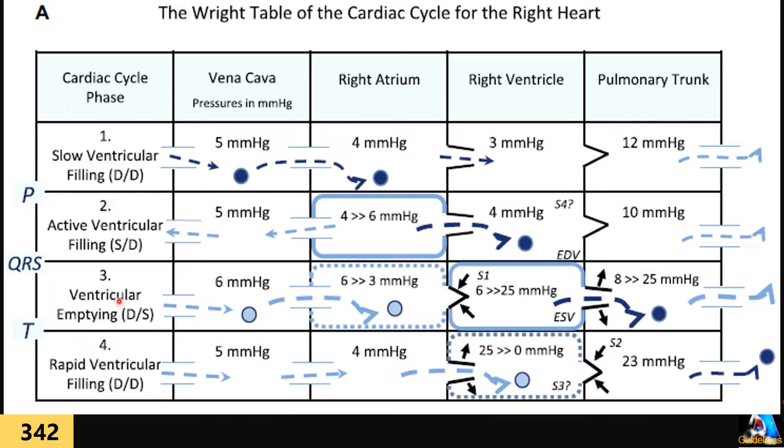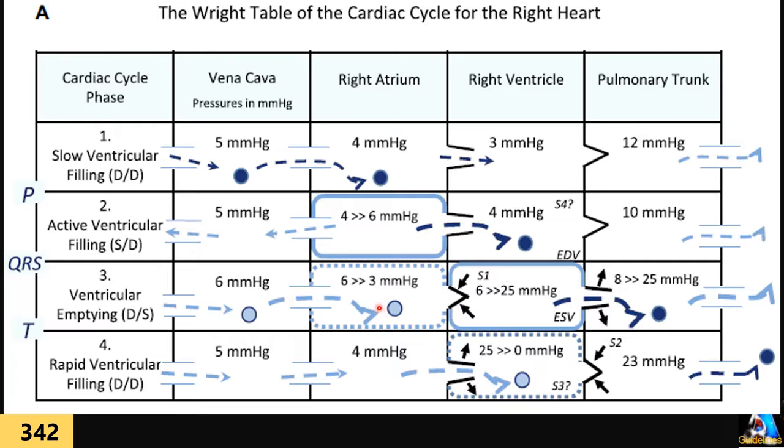At the systolic time of the right ventricle, pressure in the right ventricle goes high. Superior and inferior vena cava pressure is higher than the right atrium. So during the systolic phase of the right ventricle, blood goes from the venous system to the right atrium and fills it up.